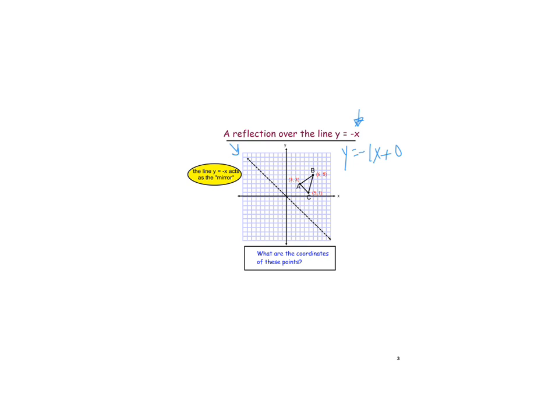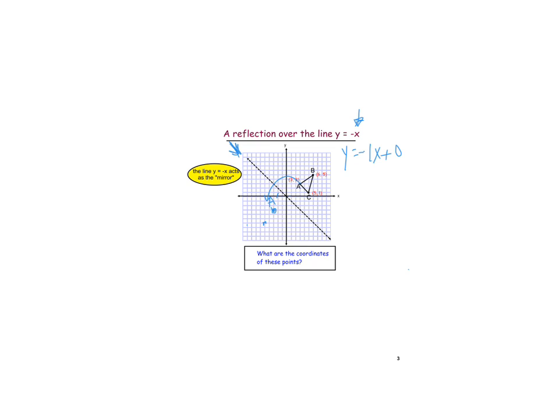So again, we're flipping this triangle ABC over that line. So this line is like the mirror. So it's flipping over to this side. So A would end up over here. Call that A prime. B would end up 1, 2, here.